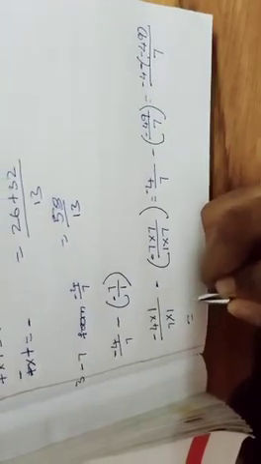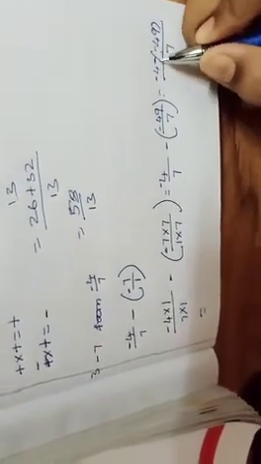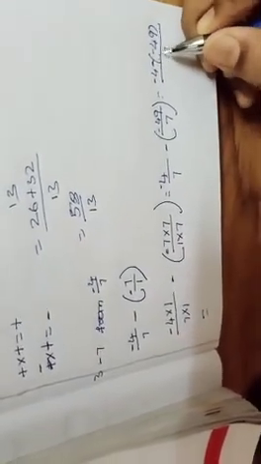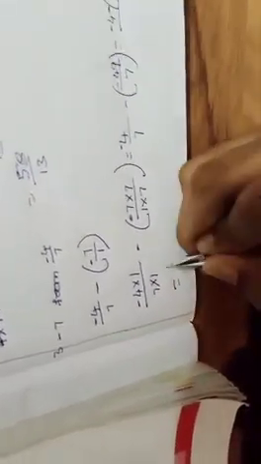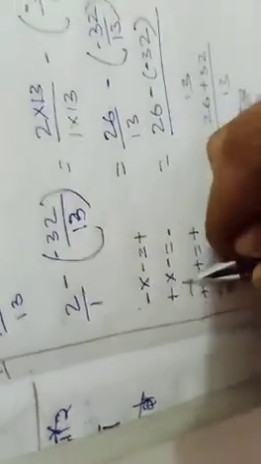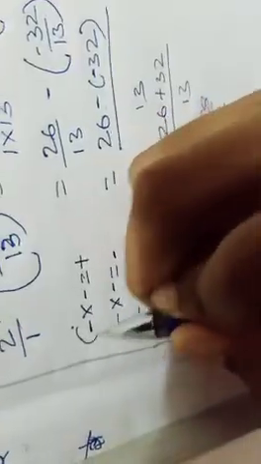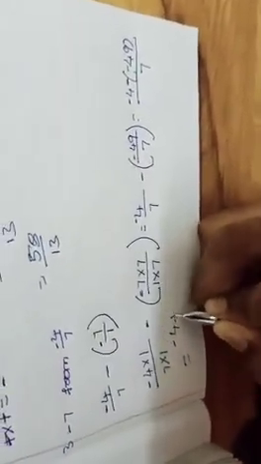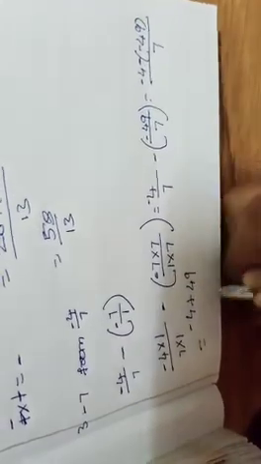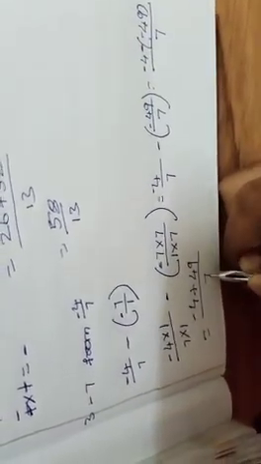Next, minus 4 minus of minus 49. Here minus into minus equal to plus. So minus 4 plus 49 by 7.